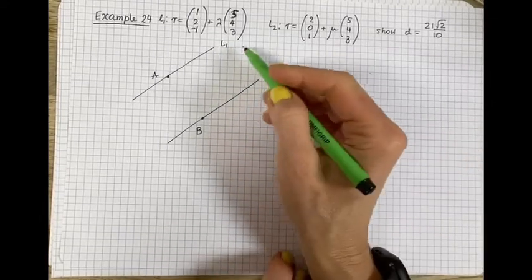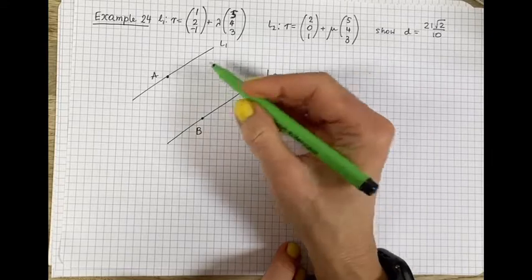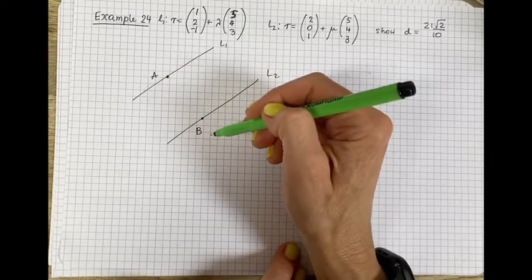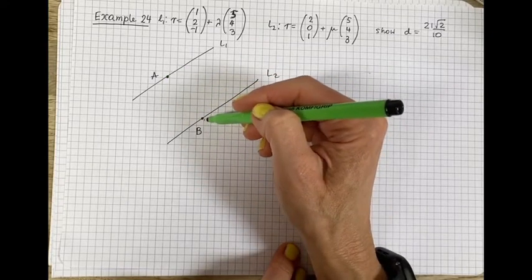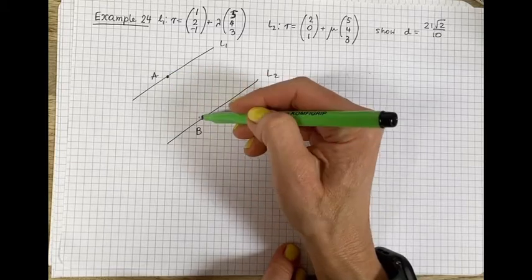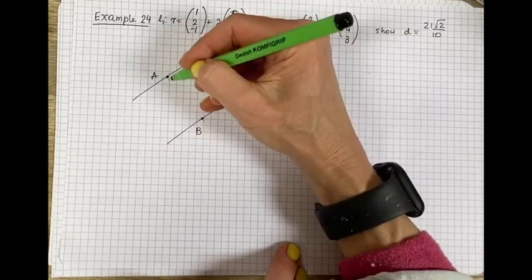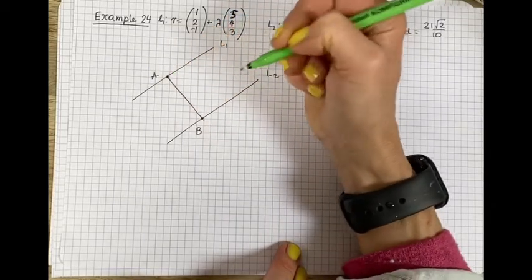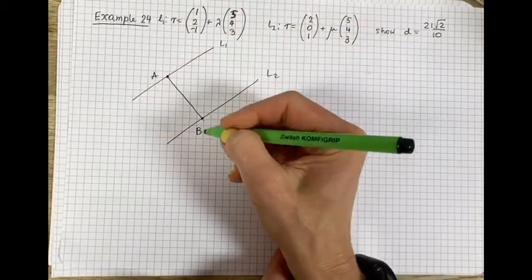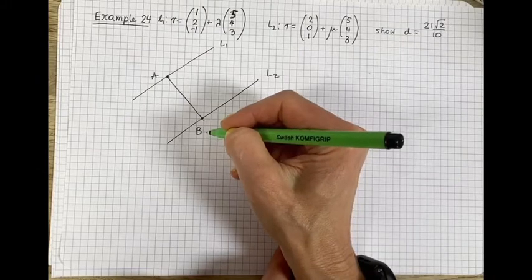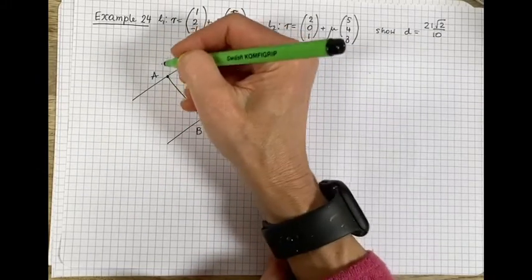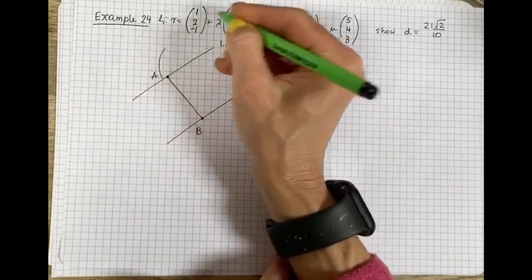So you've got two lines, L1 and L2, and let's think about a couple of points on these lines, because we don't know which points will be right opposite each other, so that the distance between them is the shortest distance. So what we're going to do, we're going to express point A in terms of the general point of the straight line.